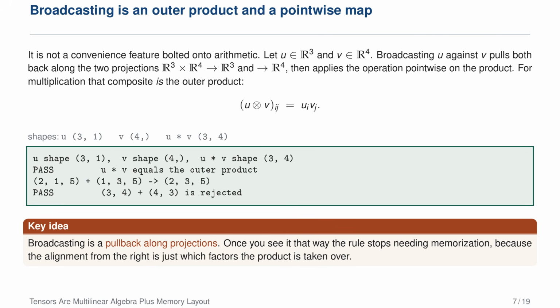The broadcast product of a column of 3 and a vector of 4 equals the outer product exactly. The rank 3 example gives the shape the rule predicts. The mismatched pair is rejected. So broadcasting is a pullback along projections. Once you see it that way, the rule stops needing memorization, because aligning from the right is just a statement about which factors the product is being taken over.